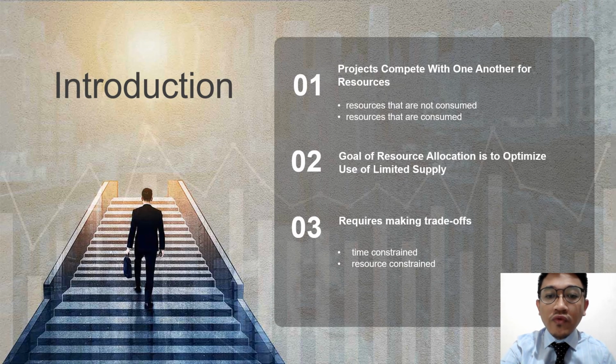In the realm of project management, a fundamental challenge arises from the competition among projects for limited resources.